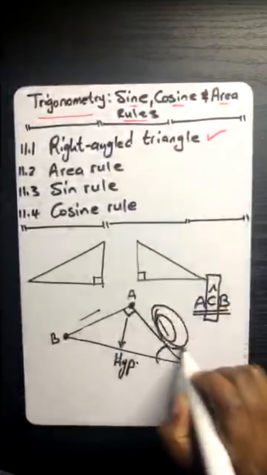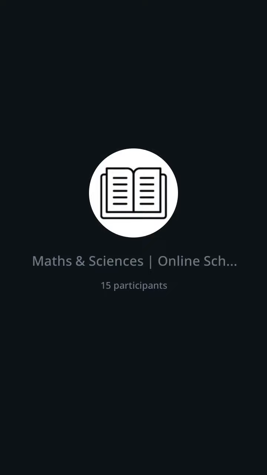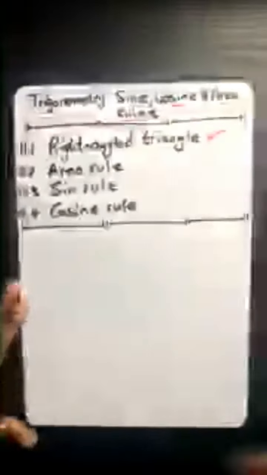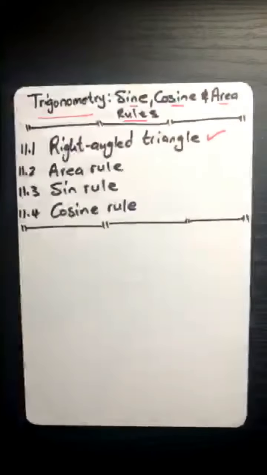Automatically, this side is adjacent and this is opposite. Just be careful of that, ladies and gentlemen. Okay, quickly, I would like to take you guys through the area rule.